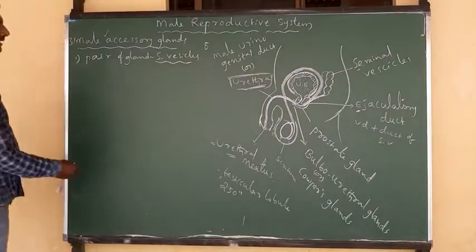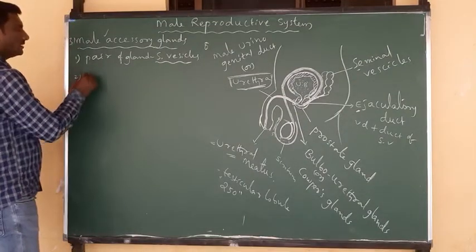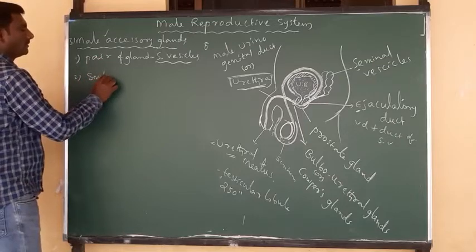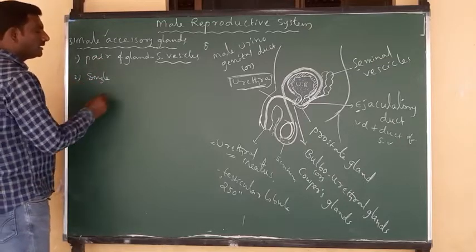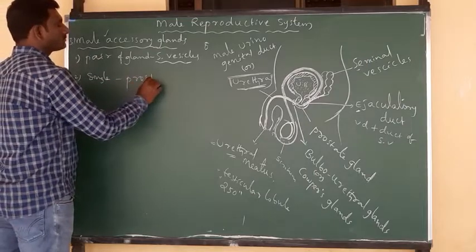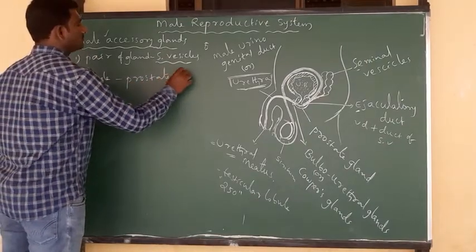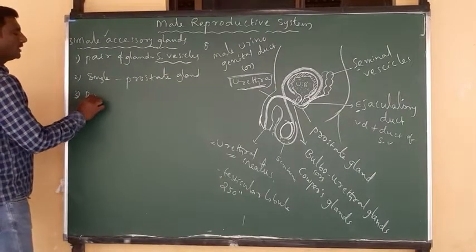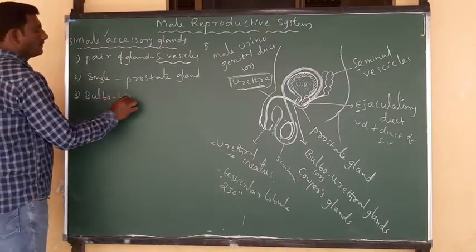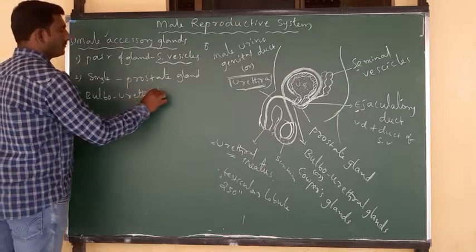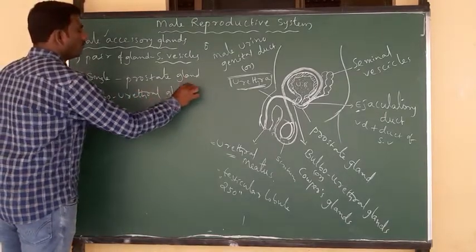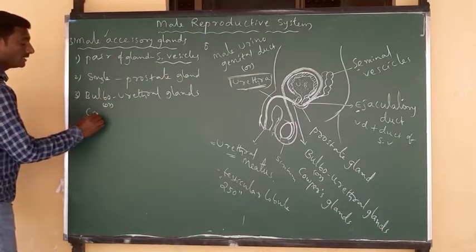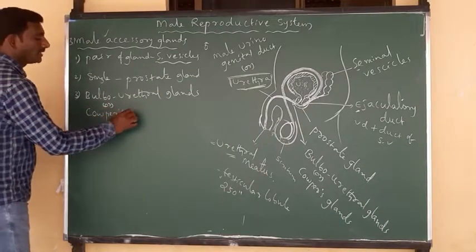Those are a pair. Next, the second one is single, not a pair. This is a single prostate gland. And the third one is the bulbourethral glands. The bulbourethral glands are also called Cowper's glands.